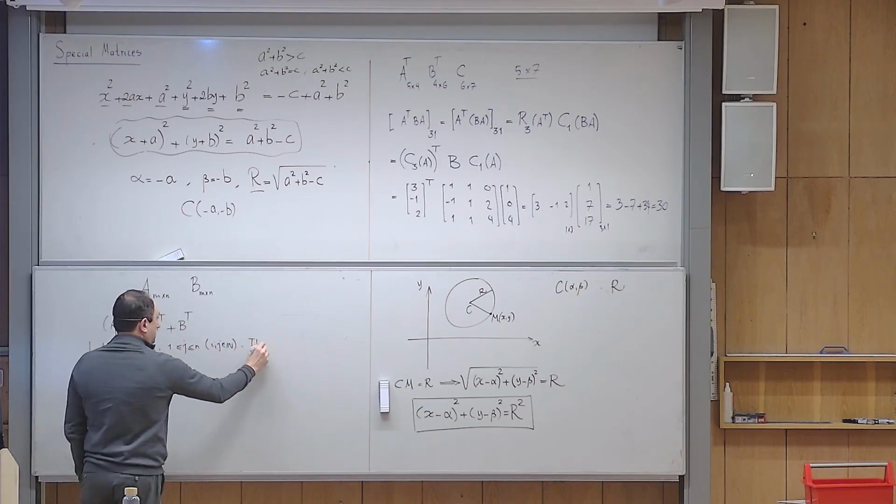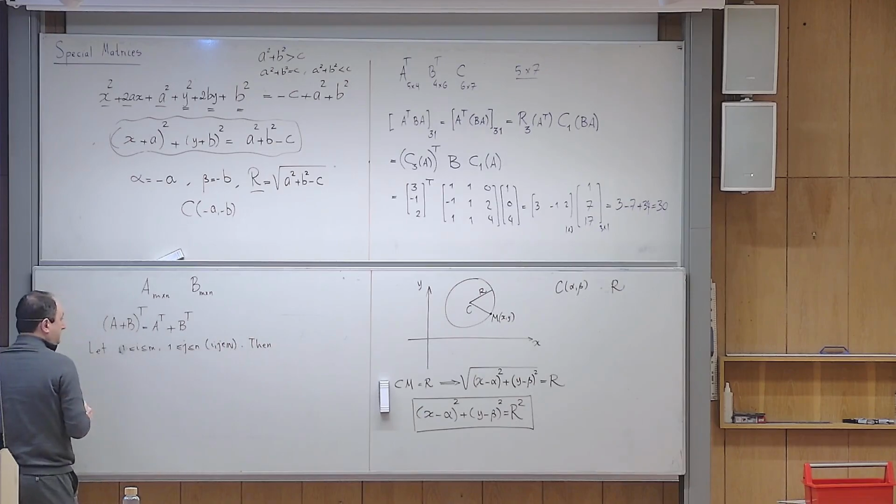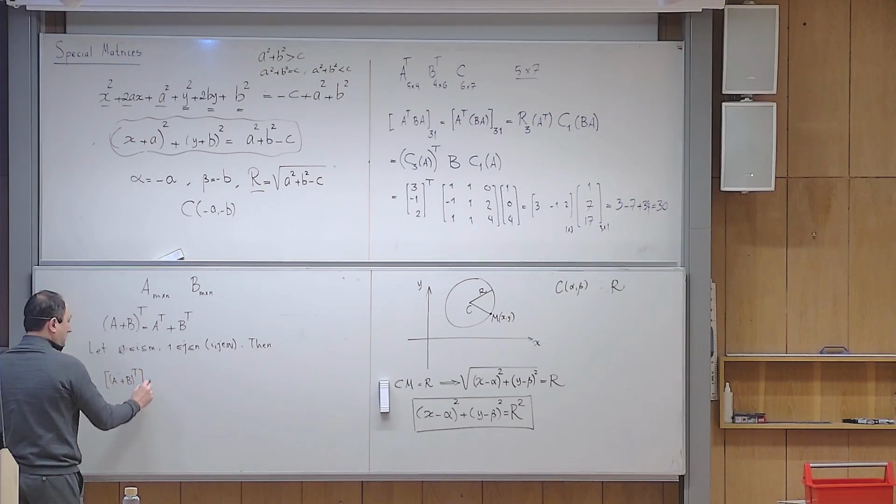Of course, i and j should be natural numbers. Let me start from the left: (A plus B) transpose, entry number ij.